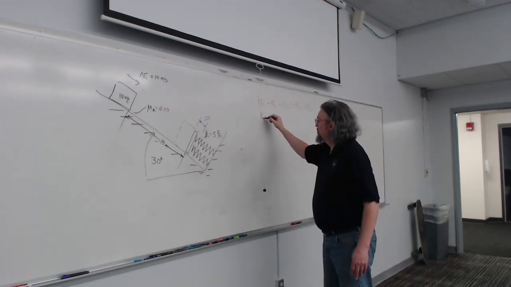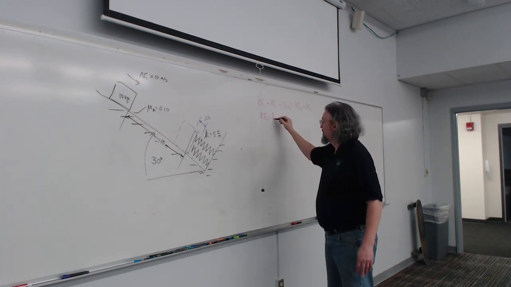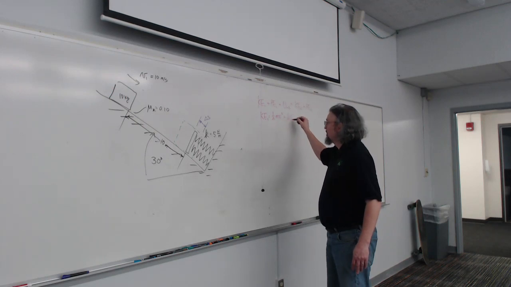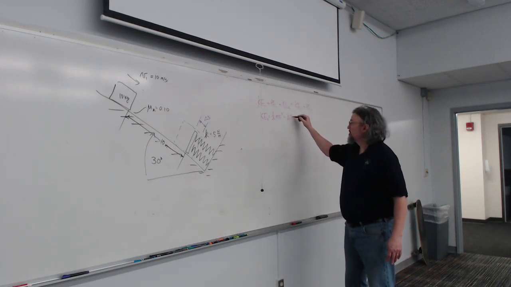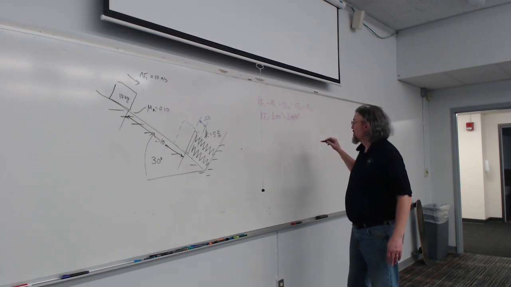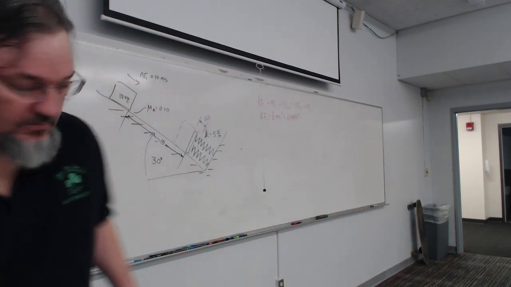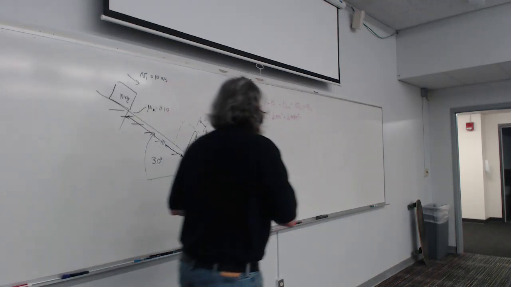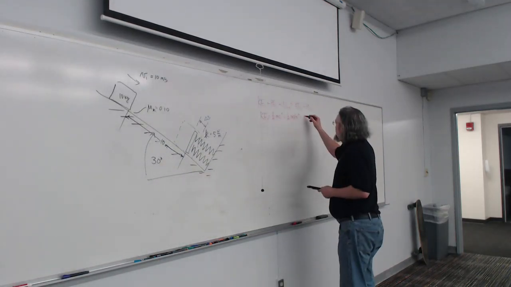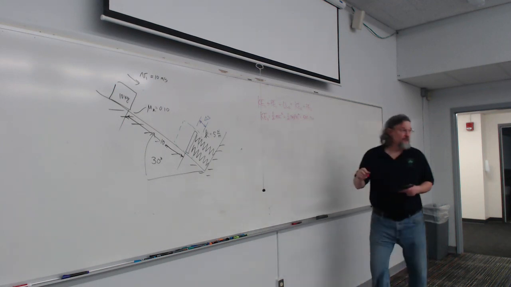So KE1 is 1/2 m V1 squared, or 1/2 times 10 kilograms times 10 meters per second squared. So whatever that works out to be. It's like 500, is that right? Yeah, it should be 500, right? We all agree?